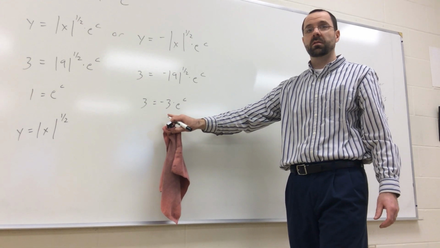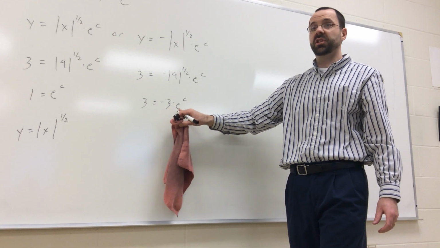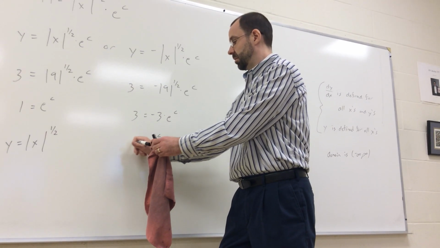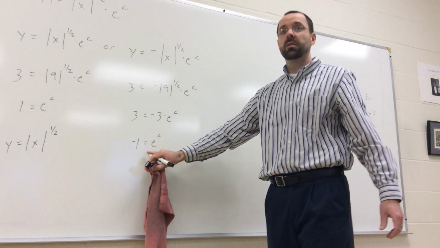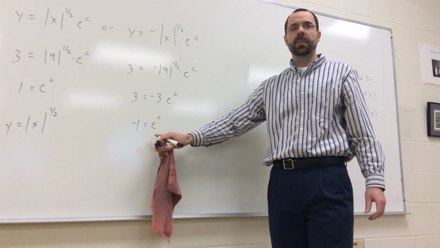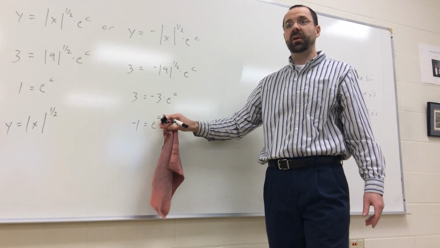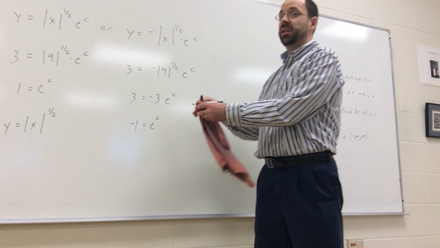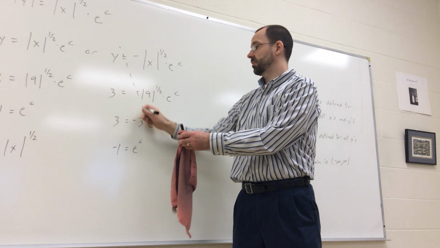So then e to the c is negative 1. That's impossible. You can't take e to a power and get negative 1. So that means this option is out.